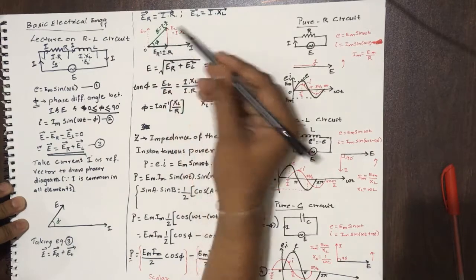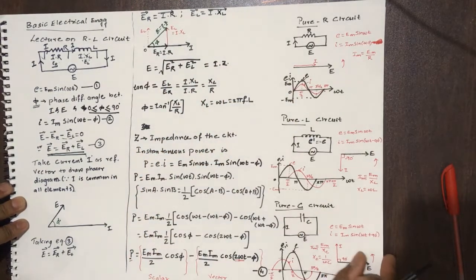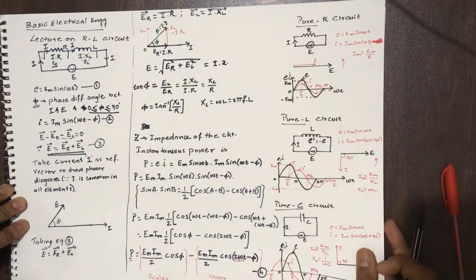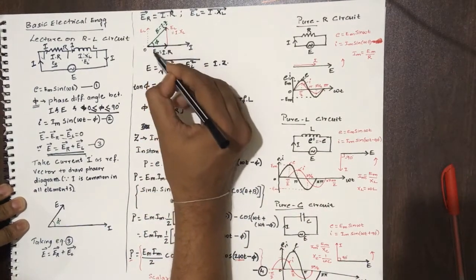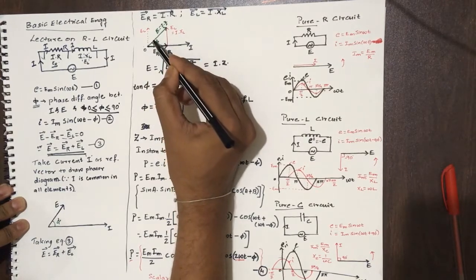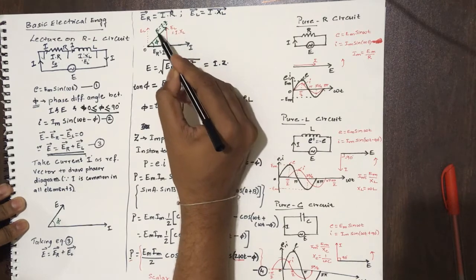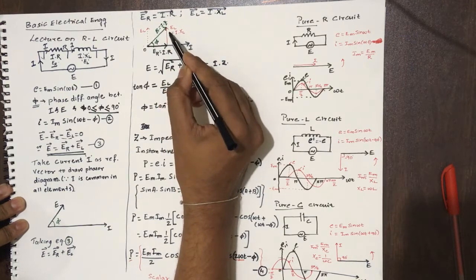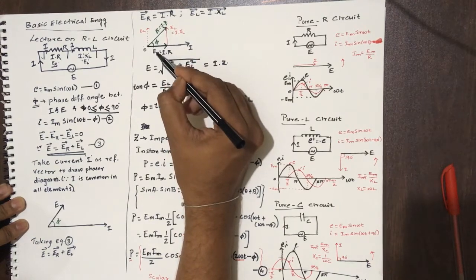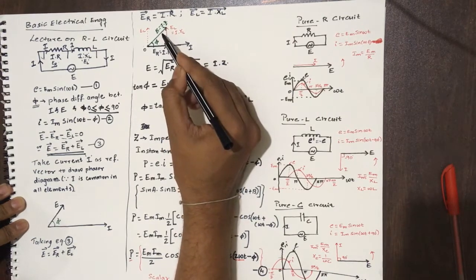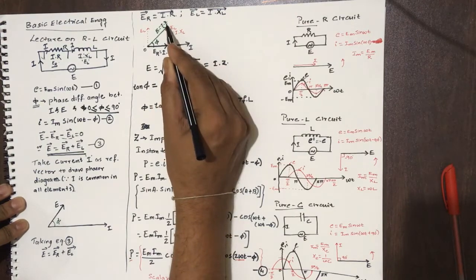And this was given as phi is equal to tan inverse of XL by R. Now when I redraw this triangle, taking out the current, because current is common in all three sides, I draw a triangle with R, XL and Z.